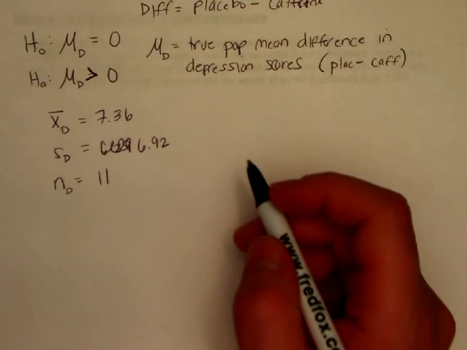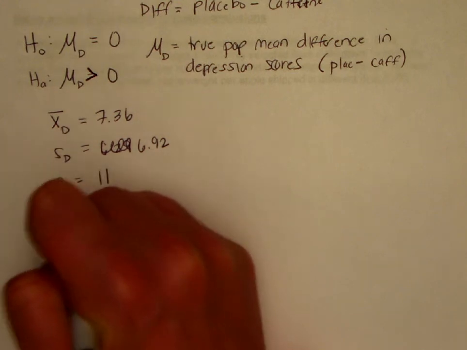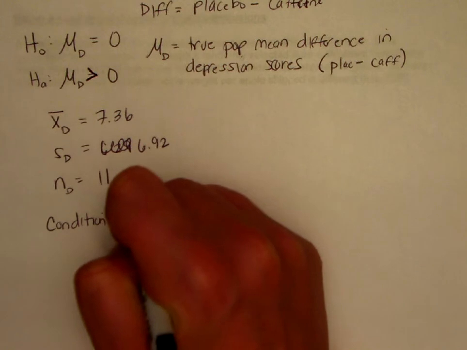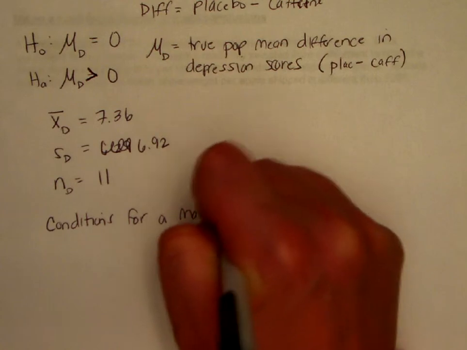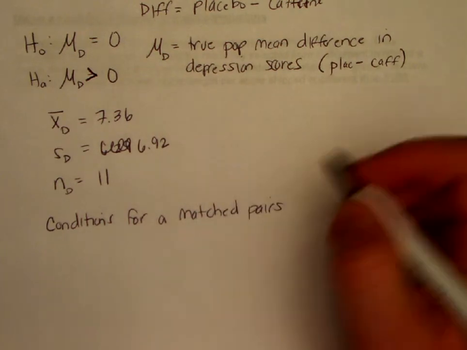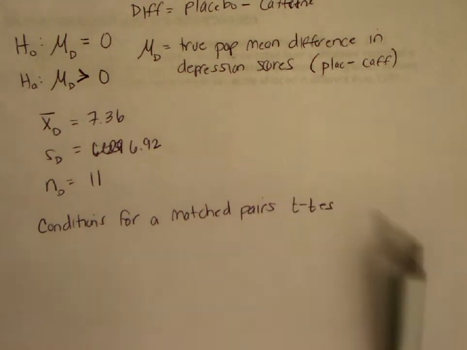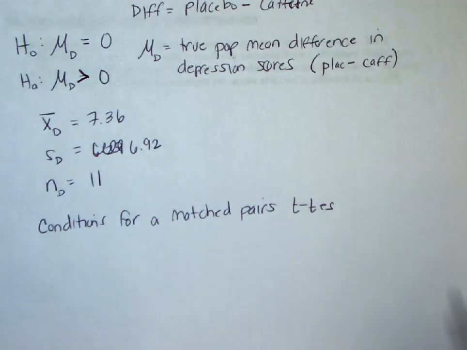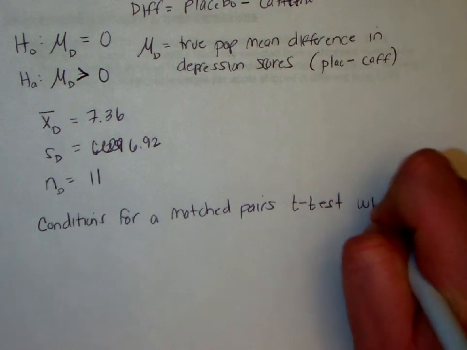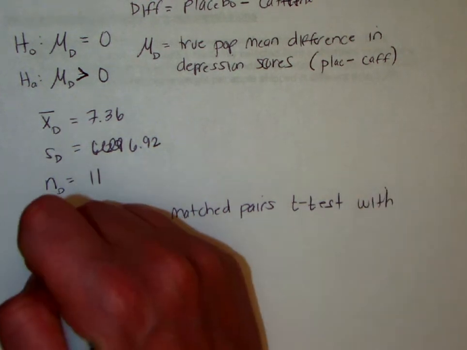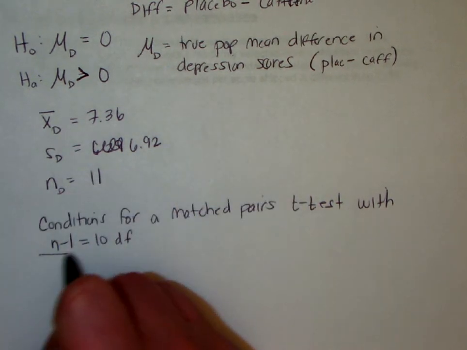So we will now write our conditions. Conditions for a matched pairs t-test with n minus 1 equals 10 degrees of freedom.